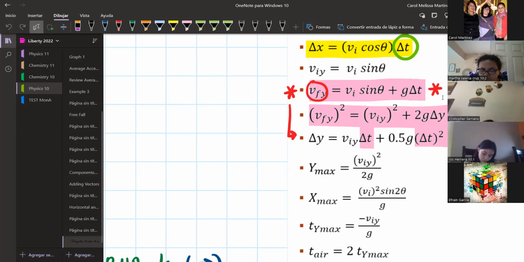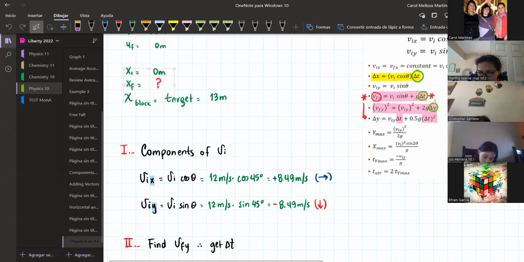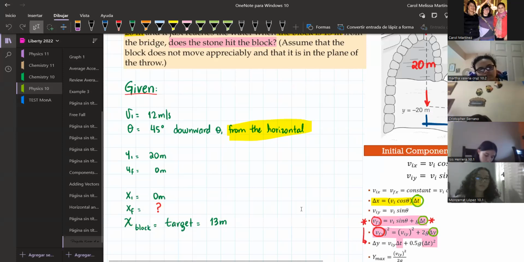The difference is that this one requires time and this one requires delta y. Which one do we have, according to the given? The time or the delta y? Delta y.